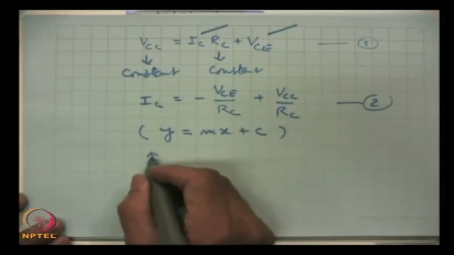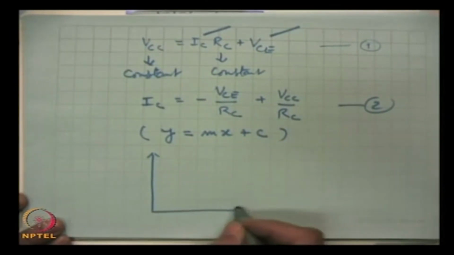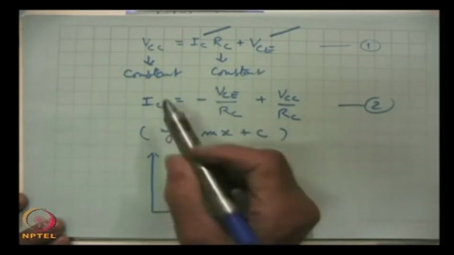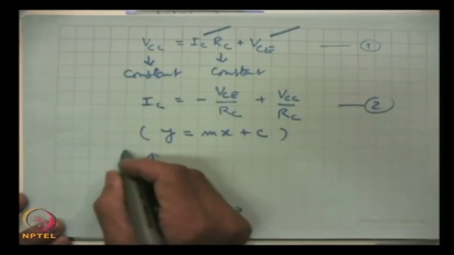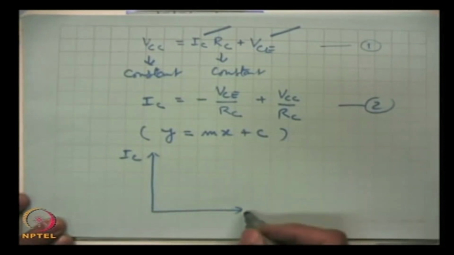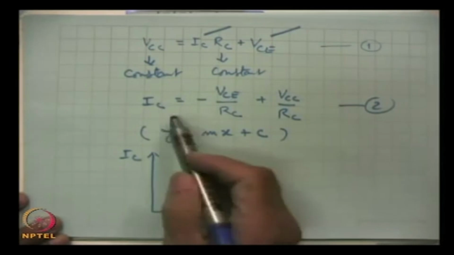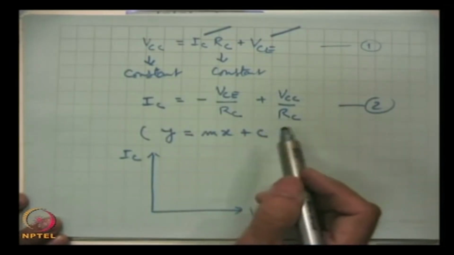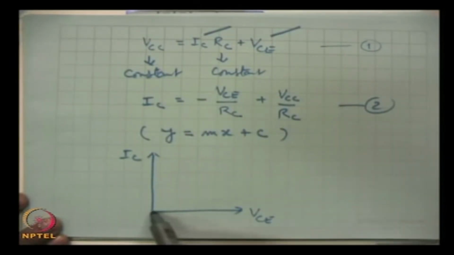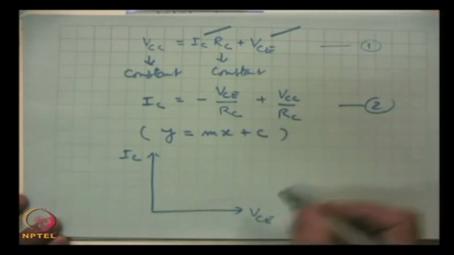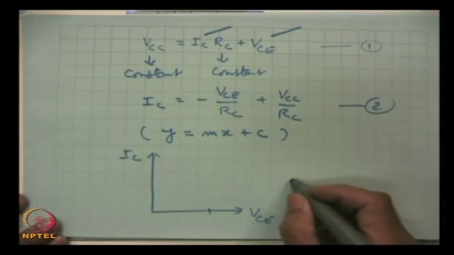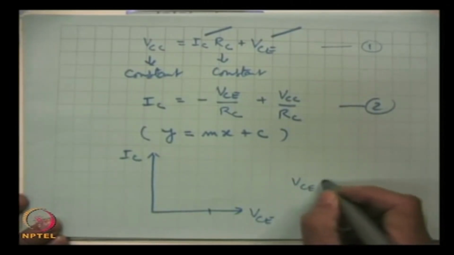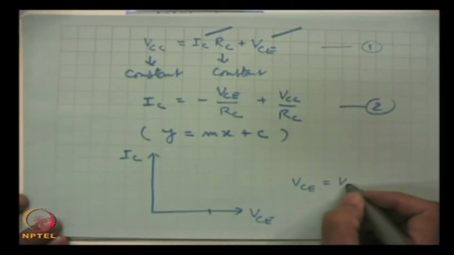You know how to plot the straight line. Here on this axis, this is IC and this is VCE. When IC is 0, this will give that VCE is equal to VCC.